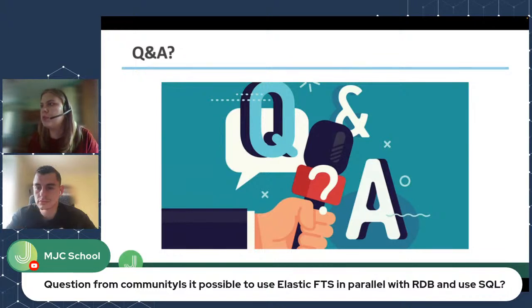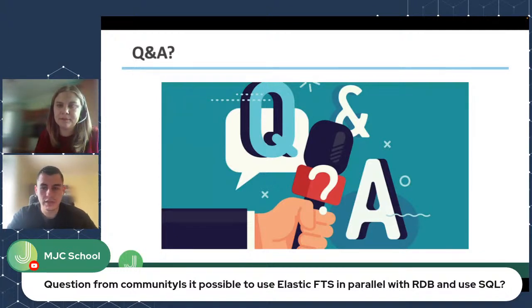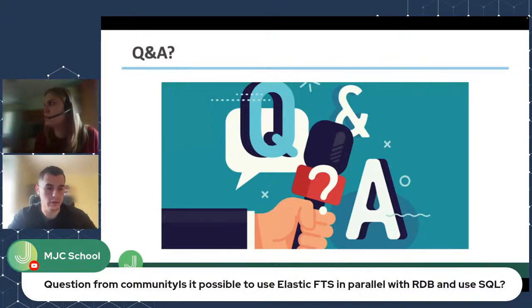Is it possible to use Elastic FTS in parallel with RDBMS and use SQL? Basically, it's possible, but it's more related to how much data and what resources you have right now.